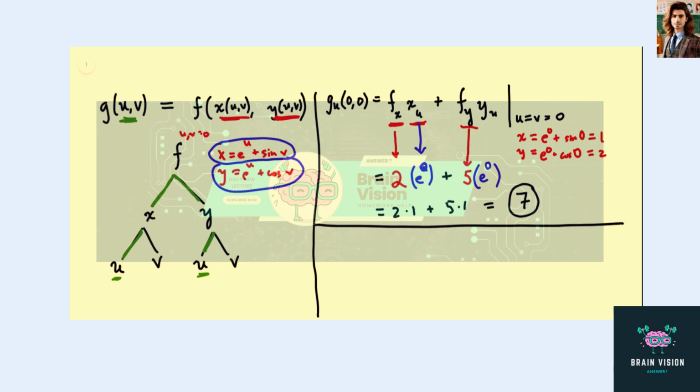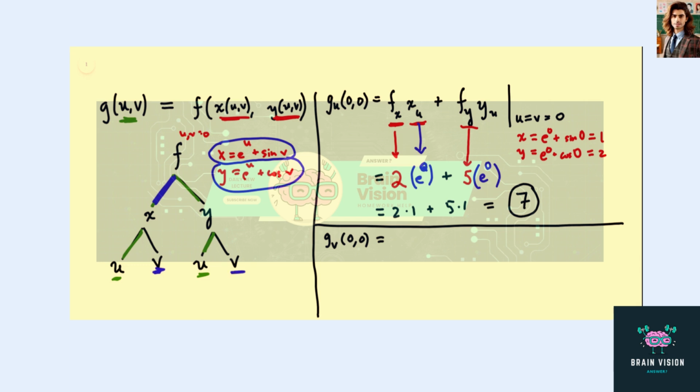Okay, the exact same idea now for g partial v at 0, comma 0. This time, we're just going to go down the tree diagram again. So we want to get down to the variable v this time, though.